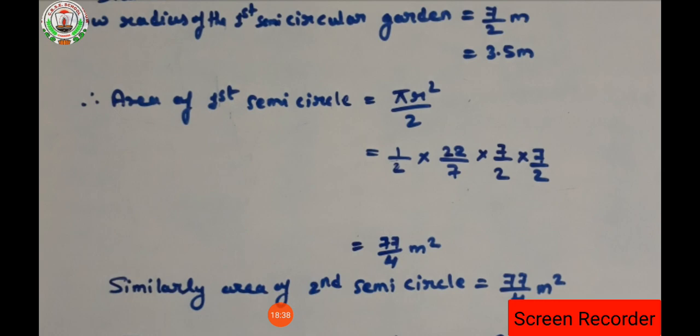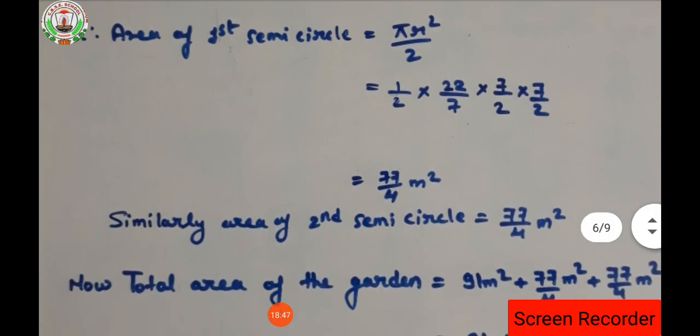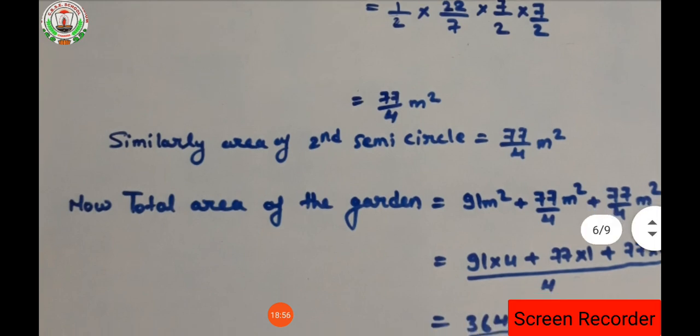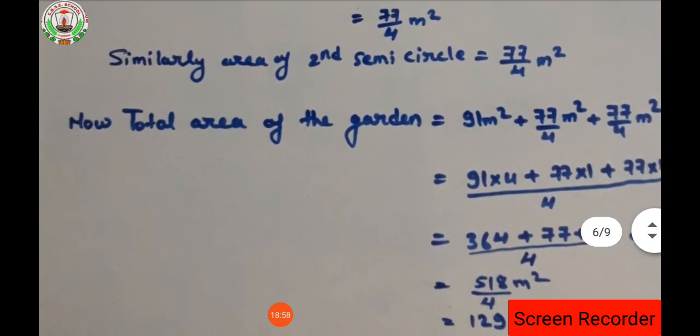So 77 upon 4 meter square will be the area of the first semicircle. Similarly, for the second semicircle, the area will remain the same because both the semicircles have the same diameter, isn't it? So it will be again 77 upon 4 meter square.